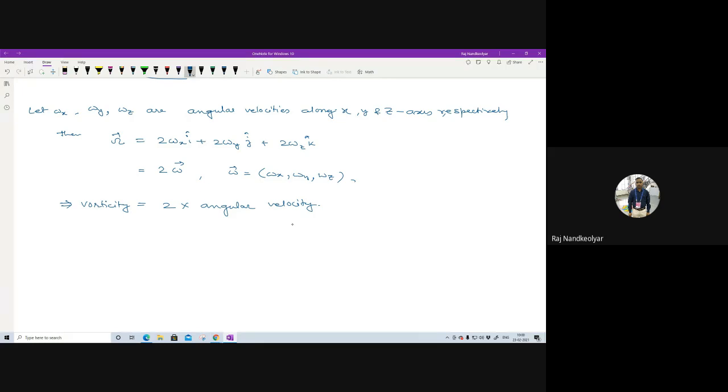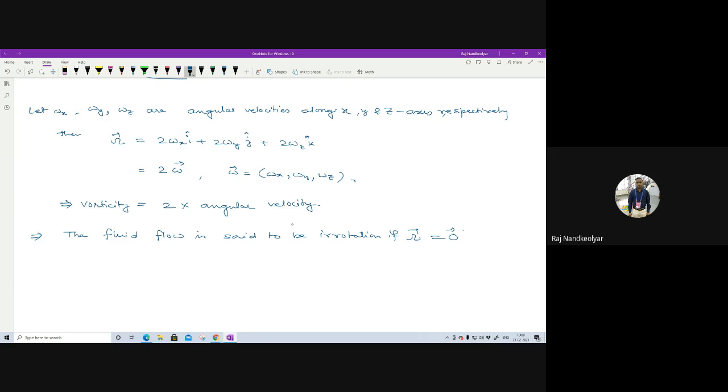So the fluid flow is said to be irrotational, meaning there is no rotationality, if the vorticity vector is the zero vector.